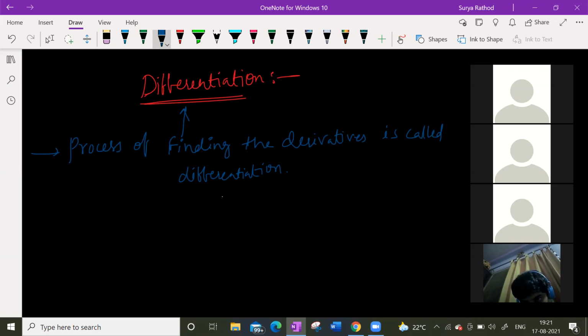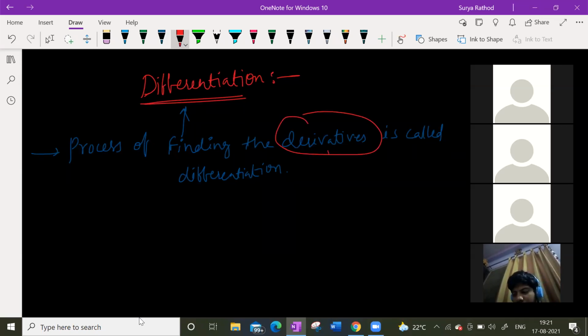Otherwise how are you going to solve the problems? Everyone solves that, but you should know what differentiation is. The process of finding the derivatives is called differentiation. Okay, what do you mean by derivative? What exactly is a derivative?